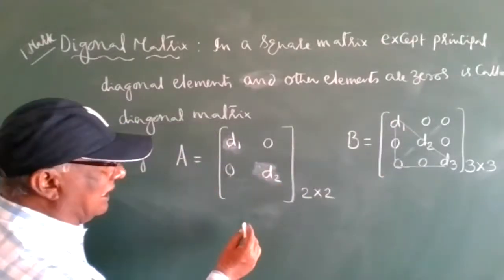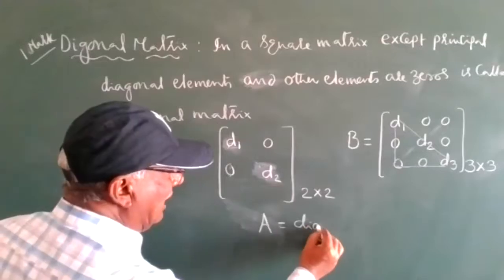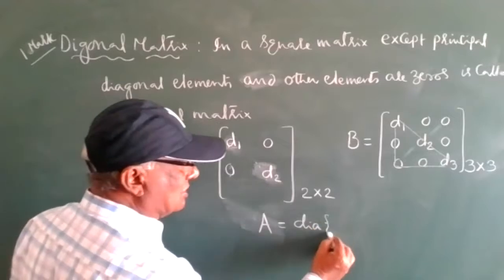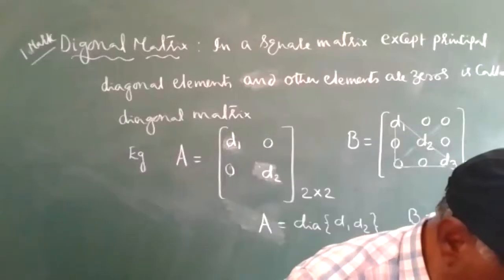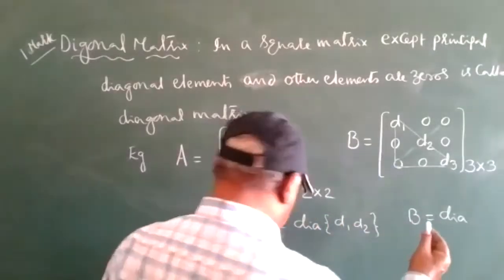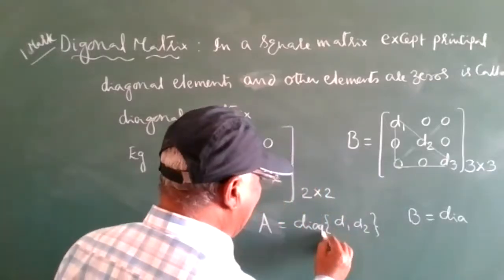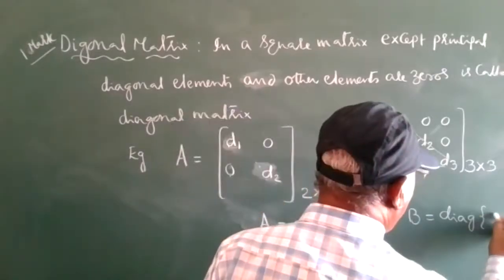This principal diagonal is simply represented by diag, short for diagonal of. The elements are D1, D2, D3. Here is the B matrix, so simply we write diagonal of D1, D2, D3.